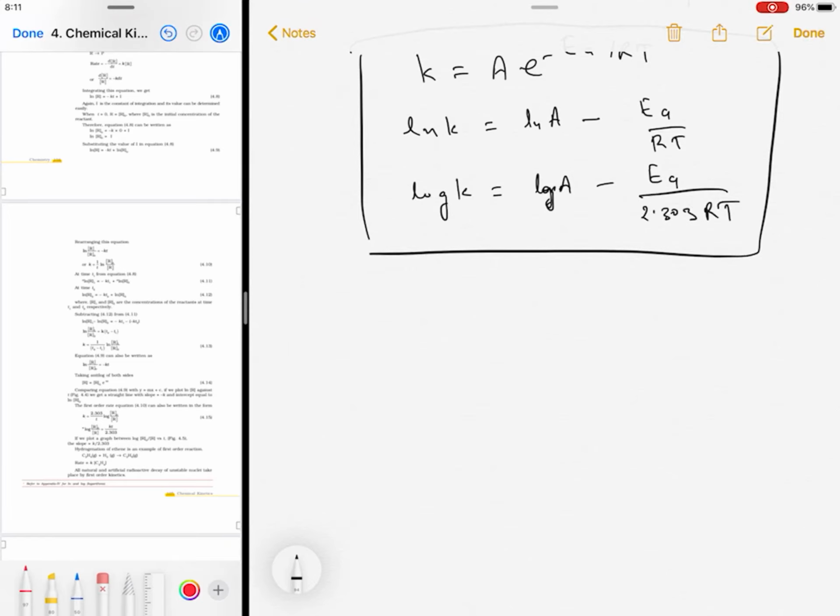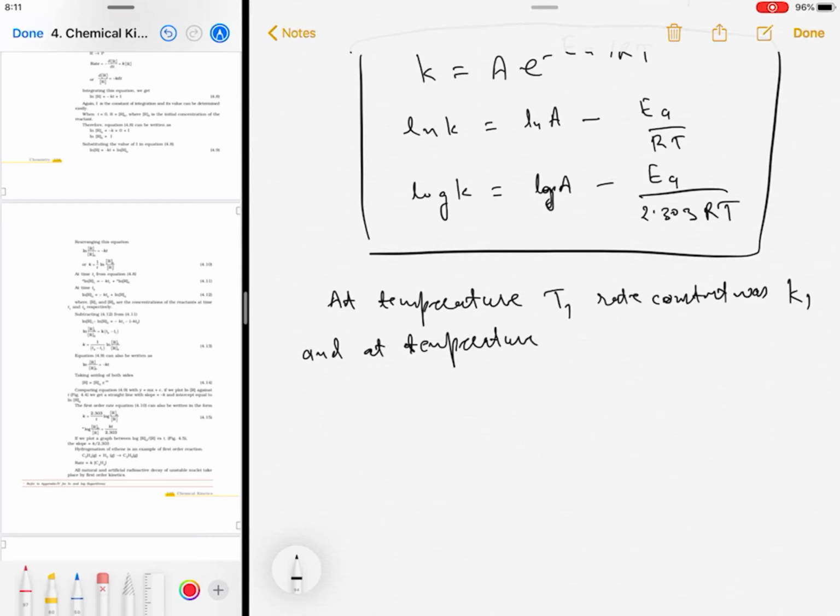Now suppose we have a reaction in which at temperature T1 the rate constant was K1. We change the temperature to T2 and at temperature T2 the rate constant was K2.